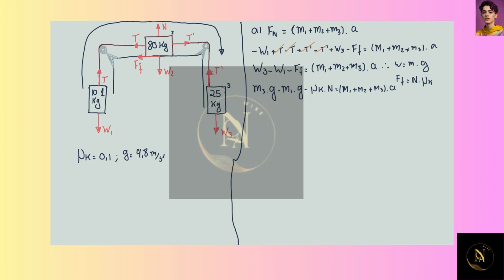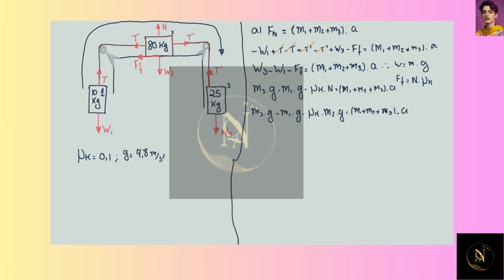You can see from the problem that the normal force is equal to weight number 2. Therefore, m3 g minus m1 g minus mu_k times the weight number 2, which is m2 g, equals m1 plus m2 plus m3 times a.